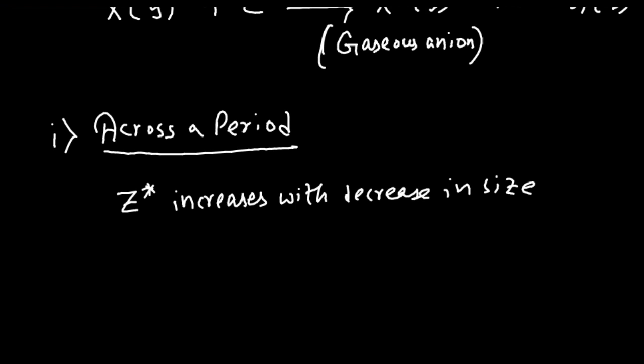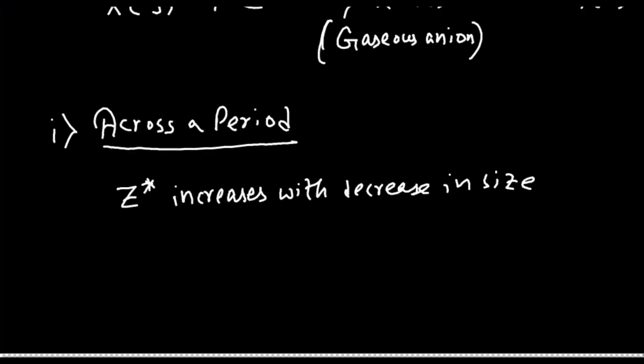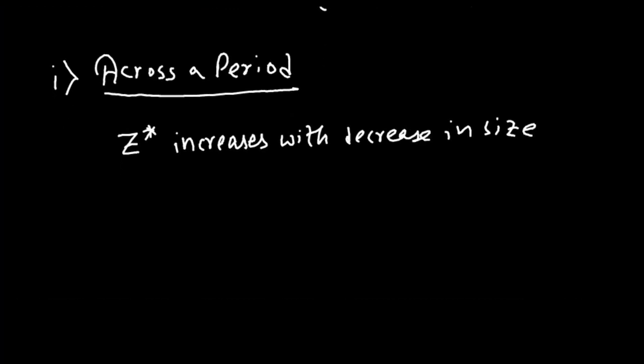These factors tend to increase the nuclear attraction experienced by the incoming electrons. That means as the size is decreasing, the nuclear attraction for the outermost electron is increased to a certain extent, and this will increase the numerical value of electron gain enthalpy.